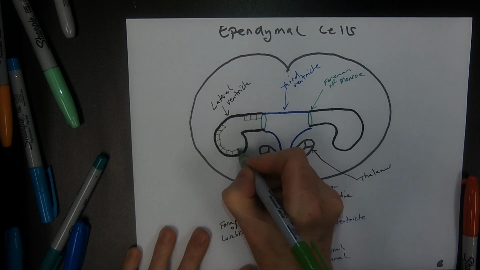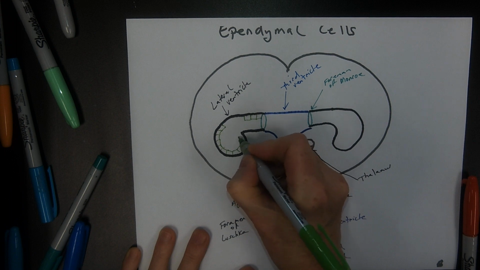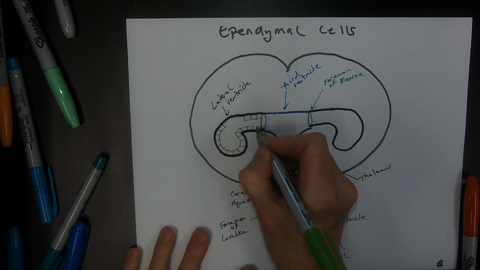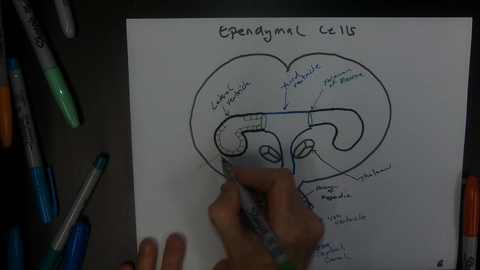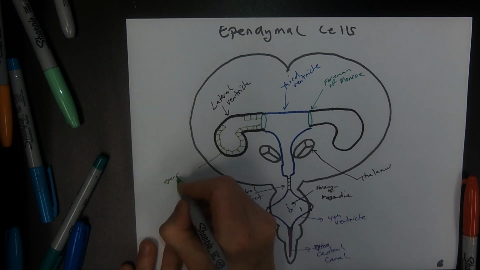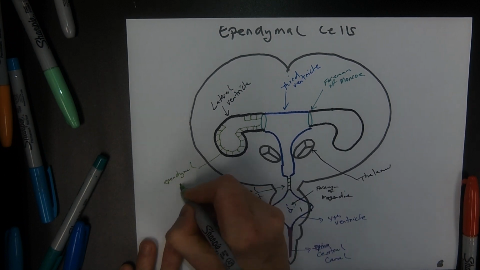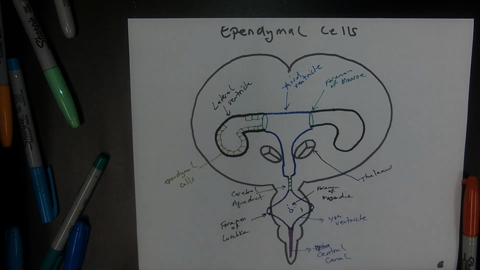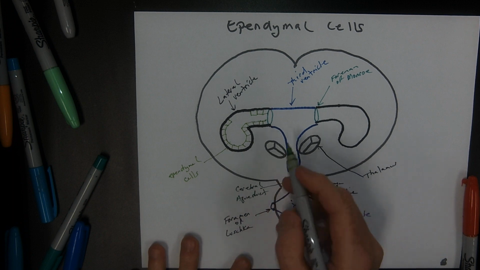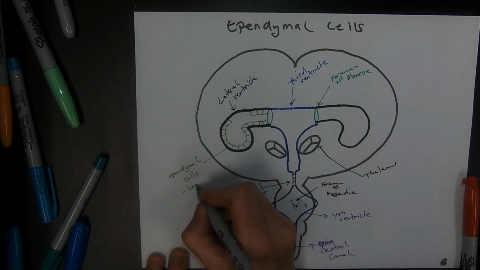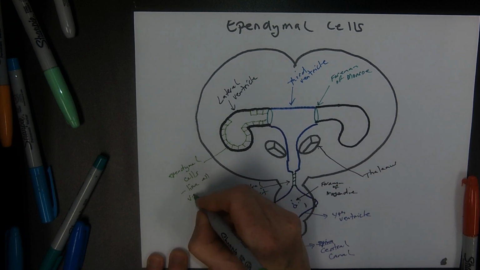It looks like a column standing up. For the purpose of brevity, I'm just going to line this lateral ventricle, but they line all ventricles.